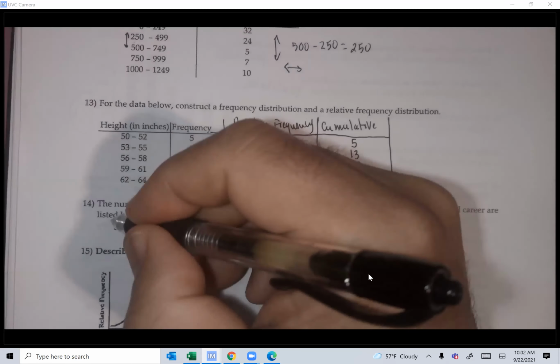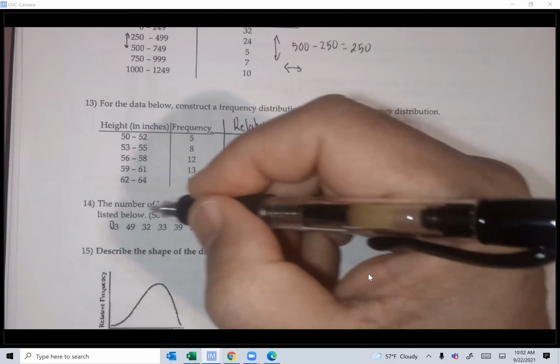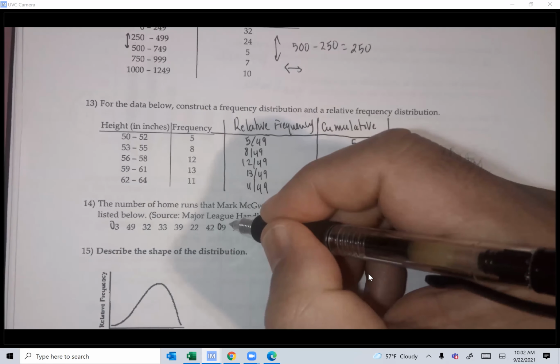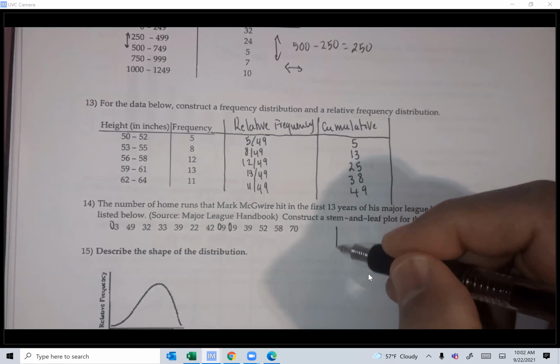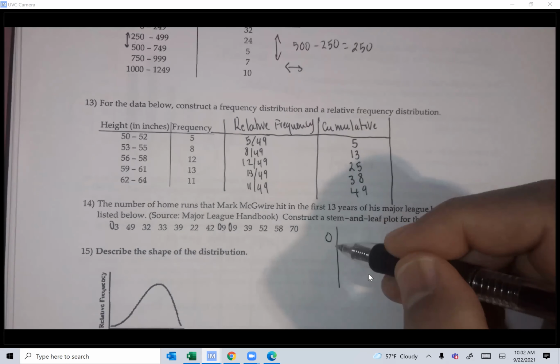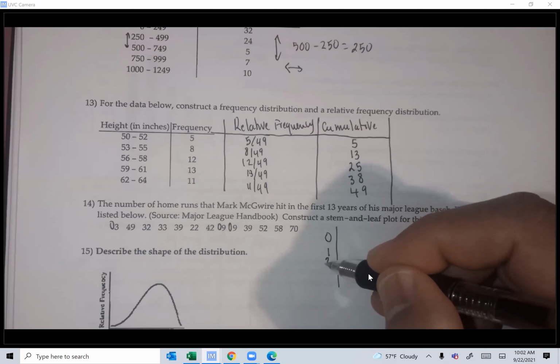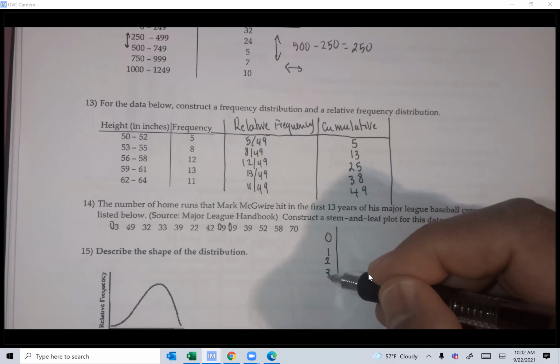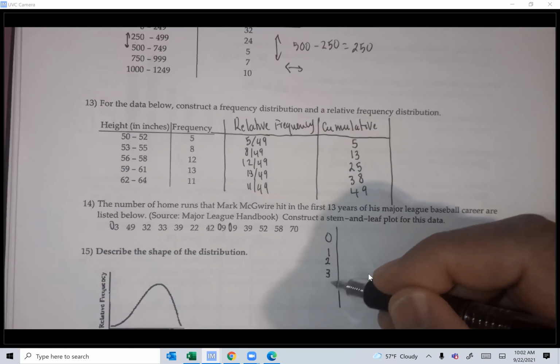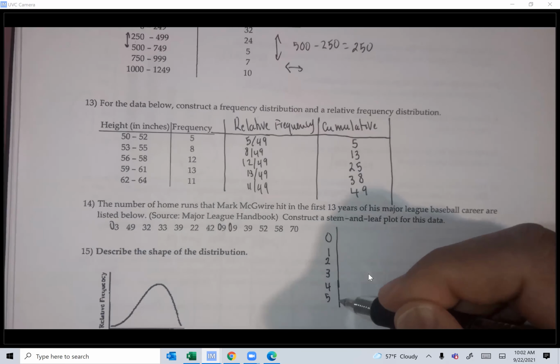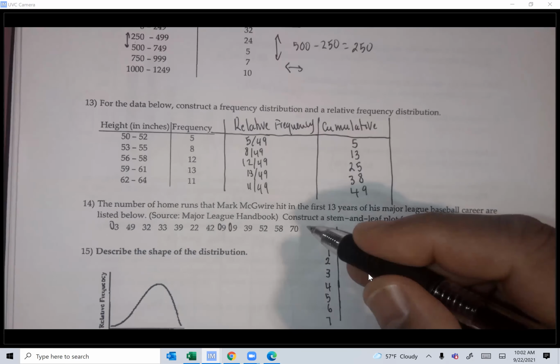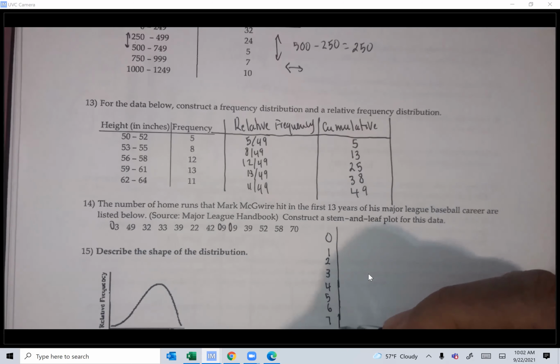So we have to make this a 0 to make it all 2-digit. So guys, you do this 0, 1, 2. We go as far as 54, 70. Actually, there is a 7 as well.